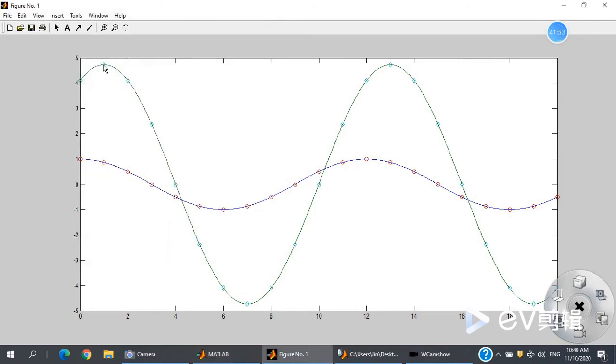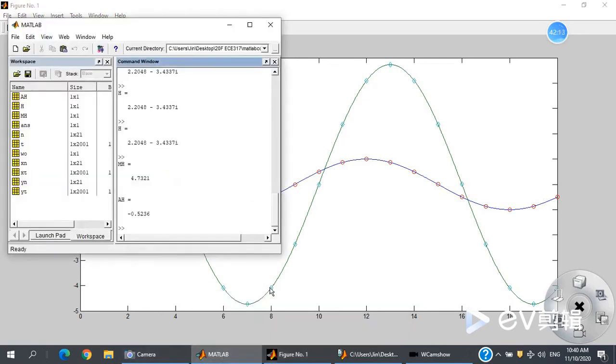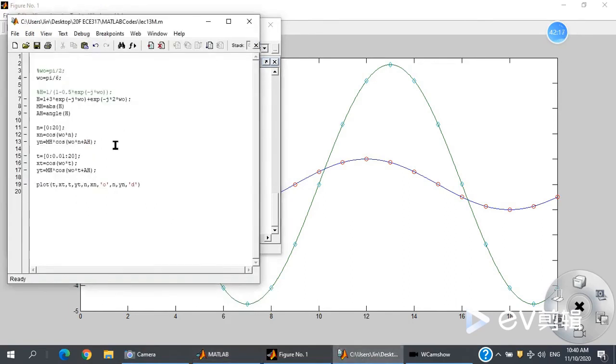So this point should be 4.7, and here's another 4.7. So this time it is really shifted by 1. The input signal is shifted by 1, and then a scale change is made on the amplitude, and you have the output.